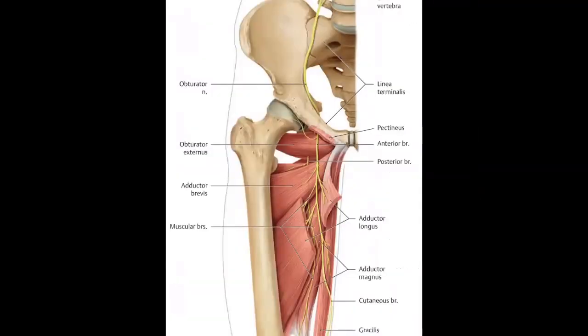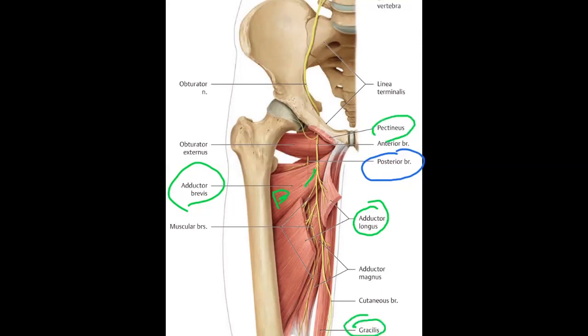So you see, this is the anterior branch, and you observe the posterior branch. This one is adductor brevis. So it's giving its branches to adductor brevis, longus, pectineus, and gracilis.